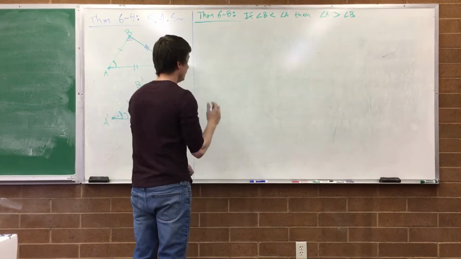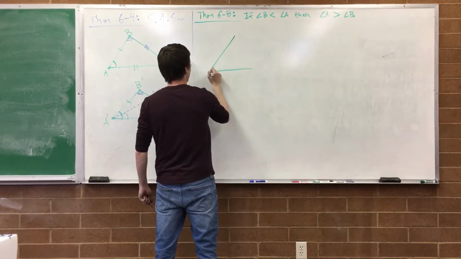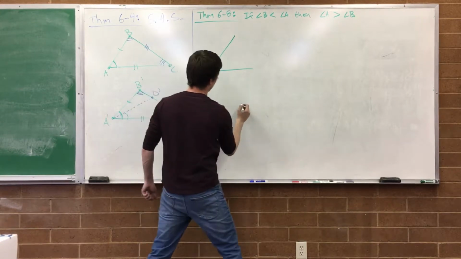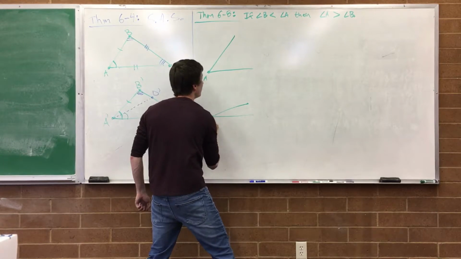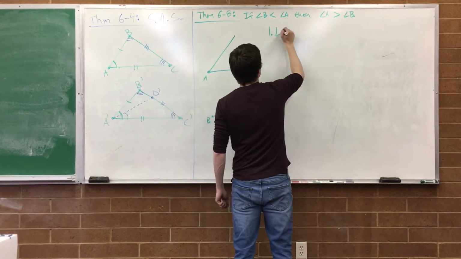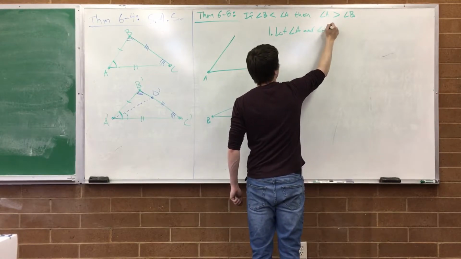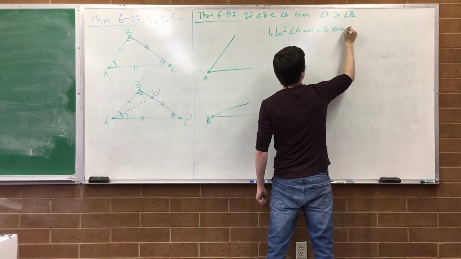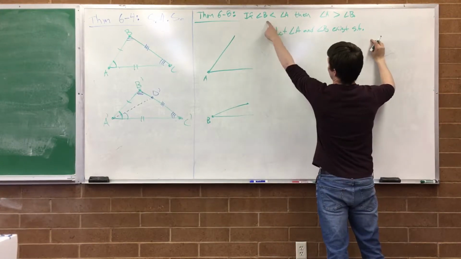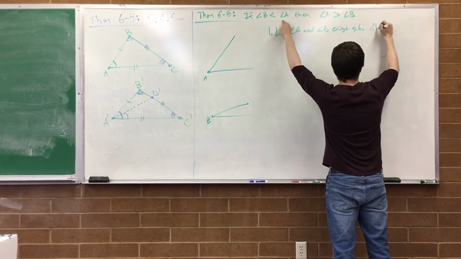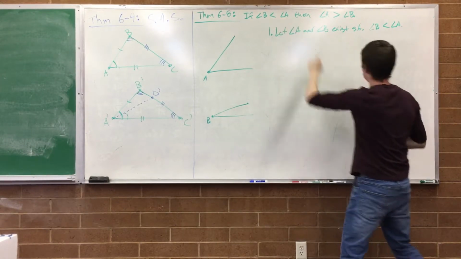Alright. So we're starting out with some angle A and some smaller angle B. Right? So one. Let angle A and angle B exist such that angle B is less than angle A. Okay?